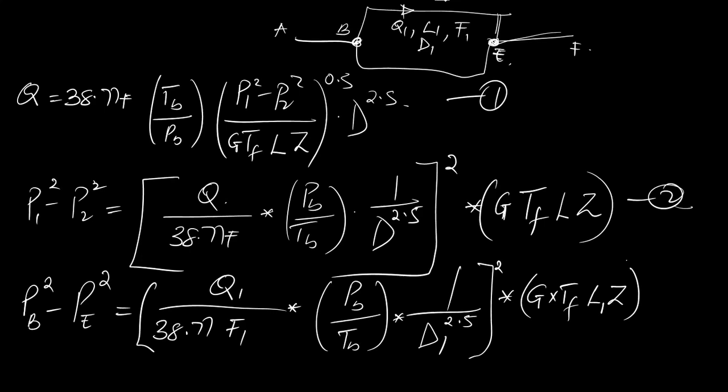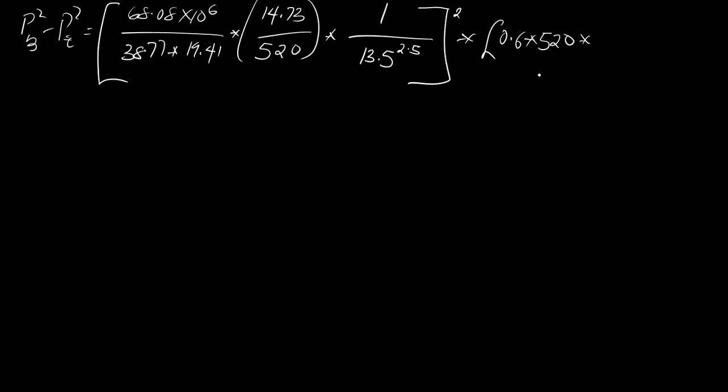L1 is 20 miles, so we use the 20 miles times compressibility factor 0.9. Now let's calculate.